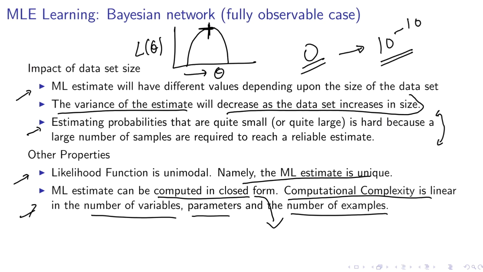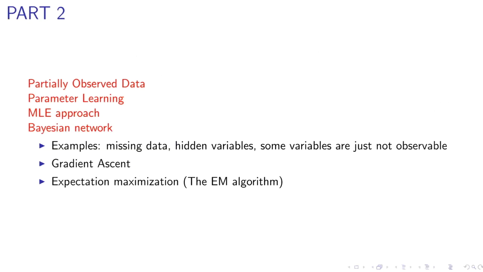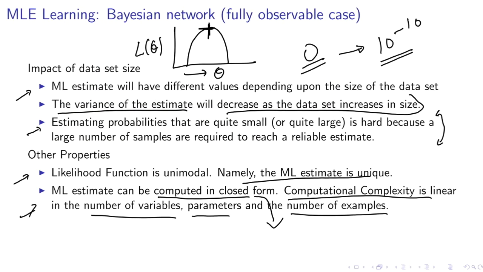So that concludes our discussion about maximum likelihood estimation in presence of, if you remember, fully observed data. Okay? Then we were doing parameter estimation on Bayesian networks, and we were using the maximum likelihood estimation principle.